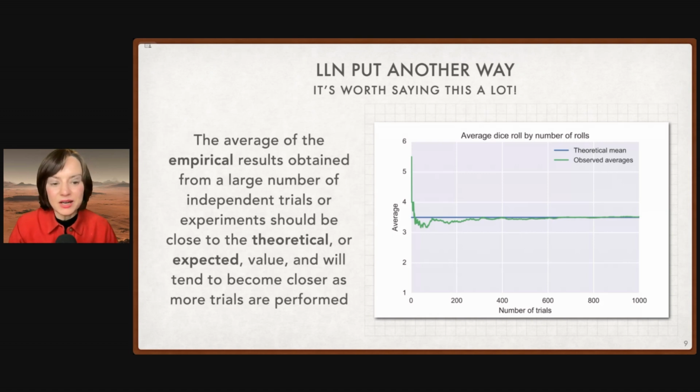The expected or theoretical results are what we know mathematically the results will ultimately be. We know the true result in some cases for the population. The empirical results are the results of the 10 trials we just did. When we're working with data, we often just have the empirical results and we don't know the theoretical results, but the law of large numbers helps us have some confidence that what we're seeing in our sample can map to the population.